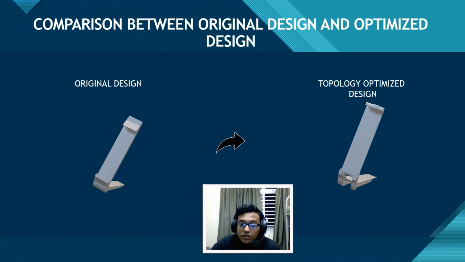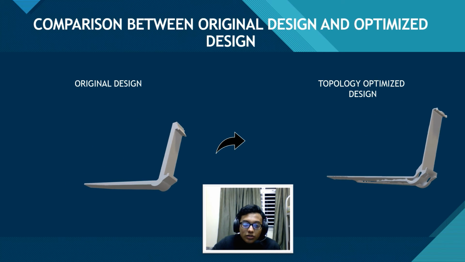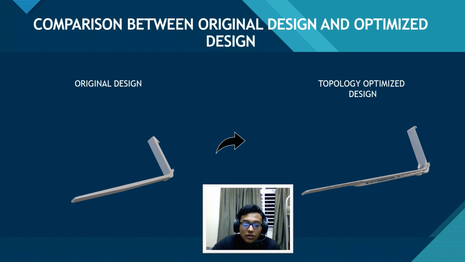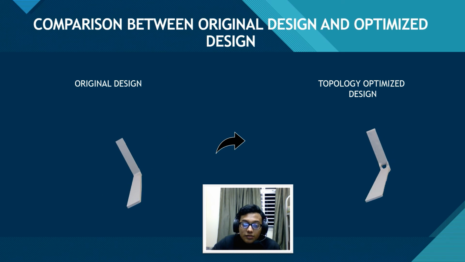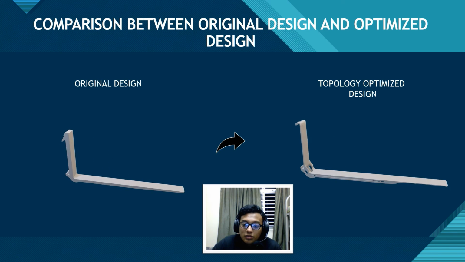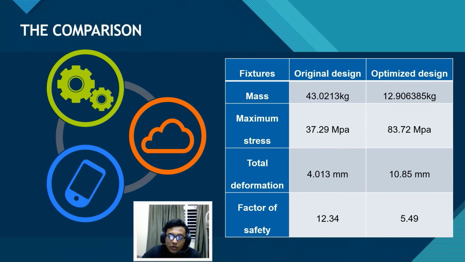For the result and discussion, we compared the original design and the optimized design. On the left side is the original design, and the right side is the topology optimized design. The comparison includes the features of mass, maximum stress, total deformation, and factor of safety.